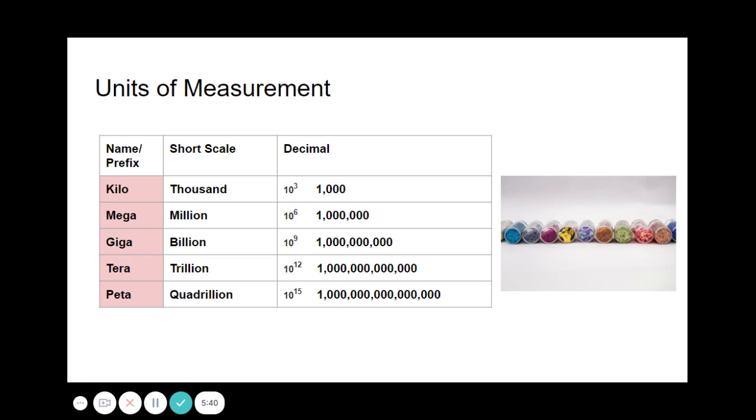Just the area of computers and capacity use these to build upon how these measurements should be used. In other words, kilo, you've used that prefix before, right? Like kilometer, kilogram. So what does kilo mean? It refers to 1,000, 10 to the third, so 1,000.